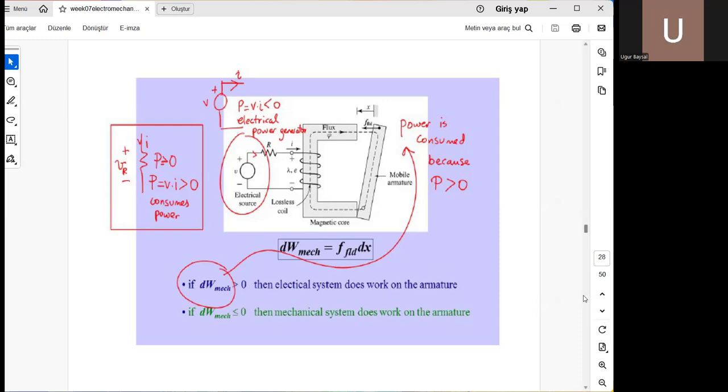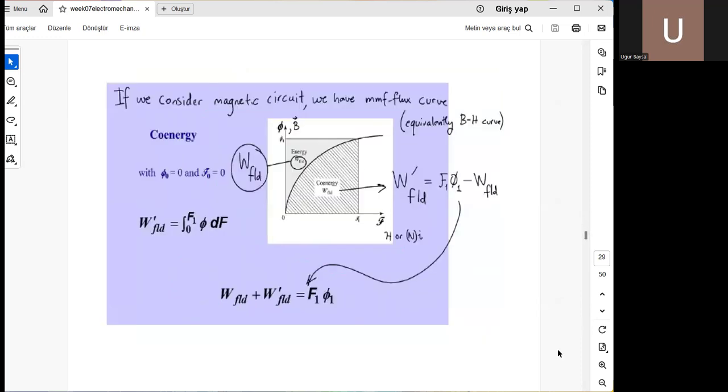Only the sign determines whether it's a power source or generator, or a power load. Okay. So underneath, the blue statement says that if it's greater than zero, then the electrical system does work on the armature. And in the other case, the reverse, the mechanical system does work.